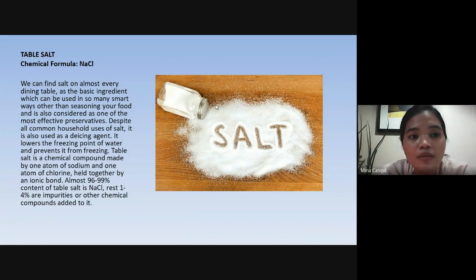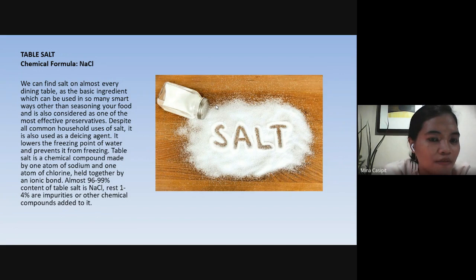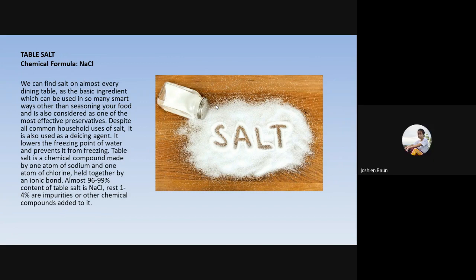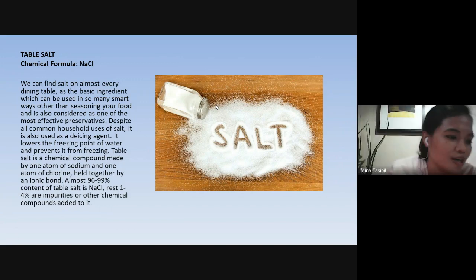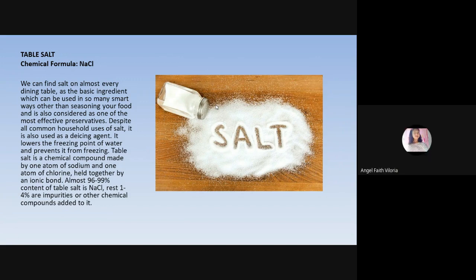So, yung table salt, may chemical formula siya na NaCl. Based on this chemical formula, we can identify if table salt is ionic or covalent. Sige nga. Ionic po. Are you sure? Sino nagsabi ng ionic?